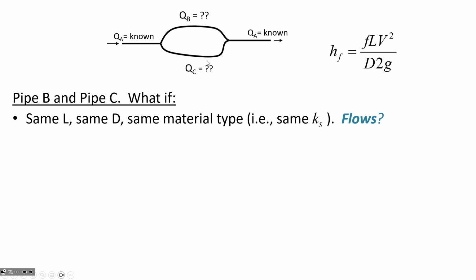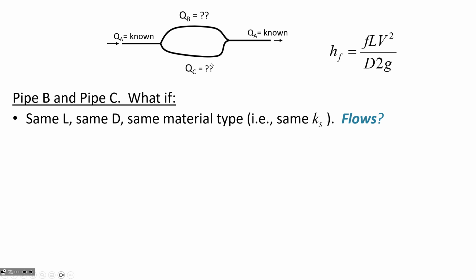So let me illustrate it this way by stepping you through a couple of hypotheticals. Let's say, for example, what if both pipe B and pipe C had the same length? And what if they had the same diameter and they were both made out of the same material? So what that means, if it's the same material, they've got the same equivalent sand roughness.